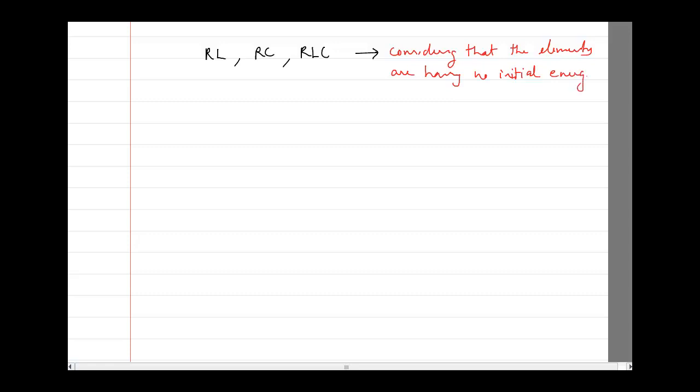That means up till now we have taken that the inductor had no previous running current through it. Only after the switch closed, the current started to flow in it. Before that, the switch was open and you can only write L as Ls, and similarly capacitor you always write it as 1 by Cs.